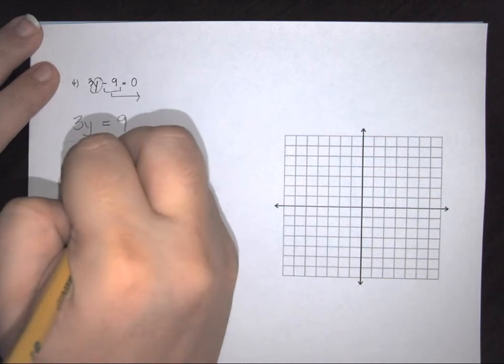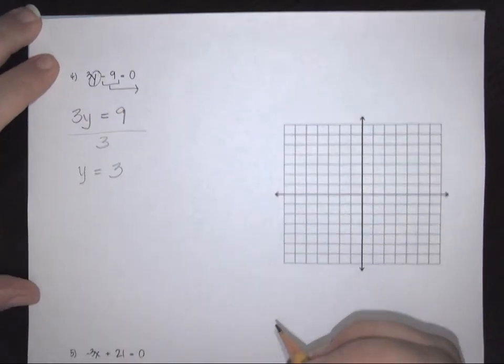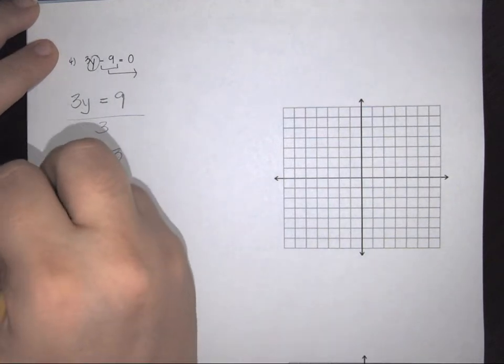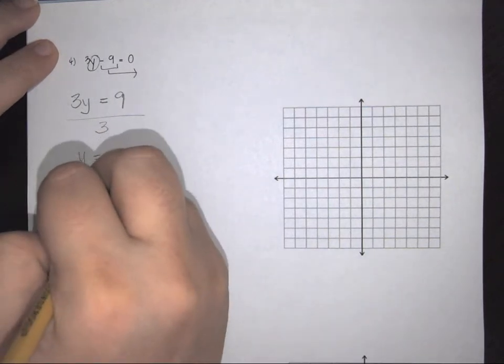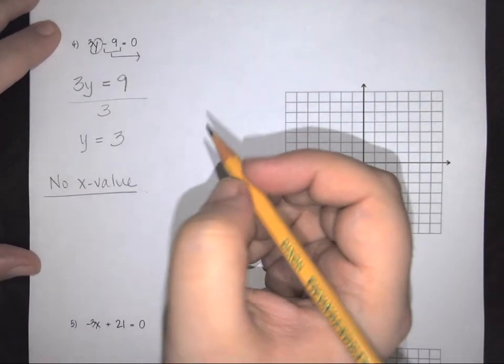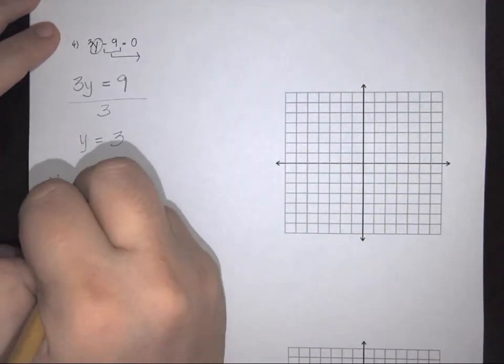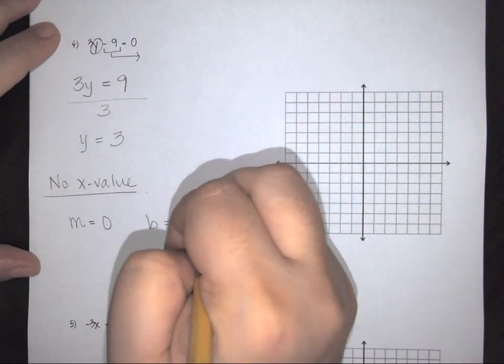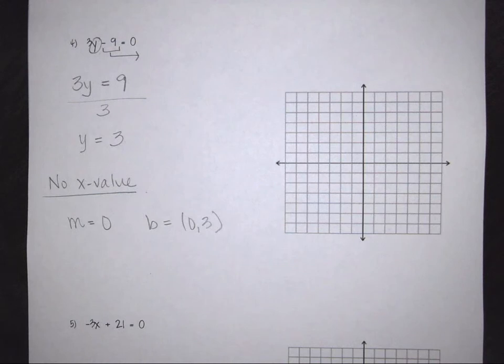So y equals 3. Now what I want you to notice is that I have no x value. Therefore, this means my slope is 0, but my intercept point is the point 0, 3.